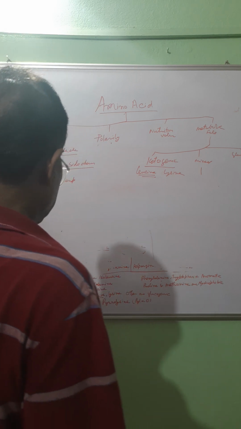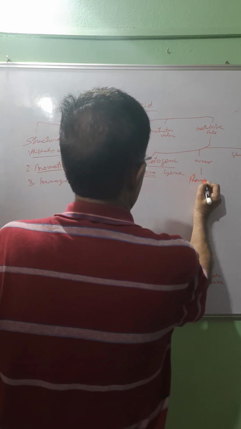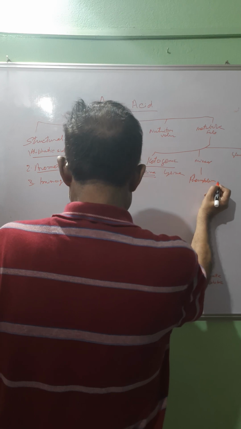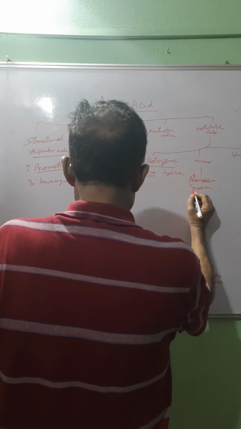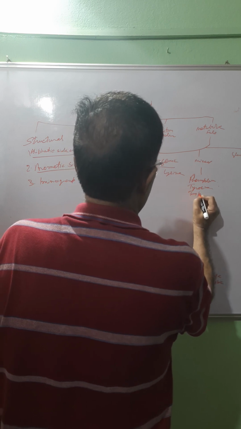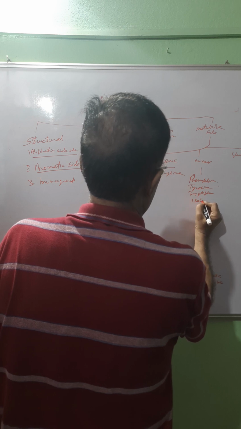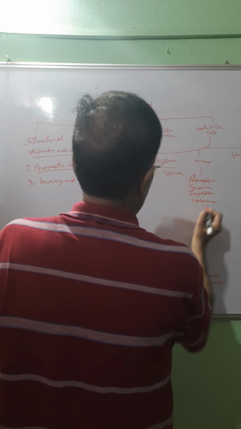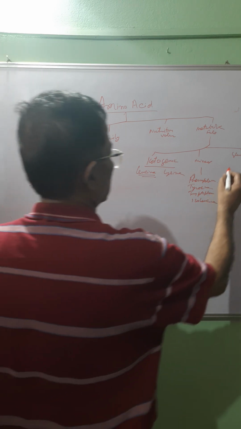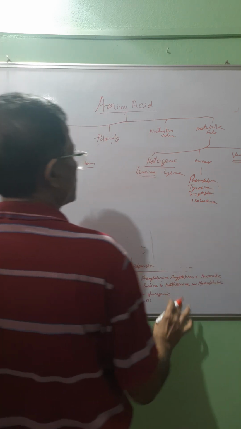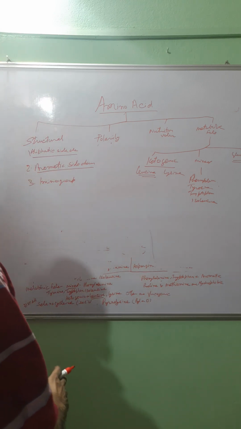They are phenylalanine, tyrosine, tryptophan and isoleucine. And the rest, all others, are glucogenic. This is metabolic fate.